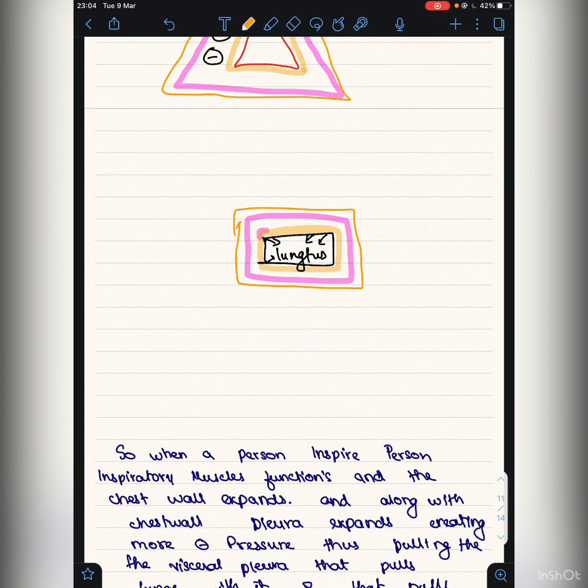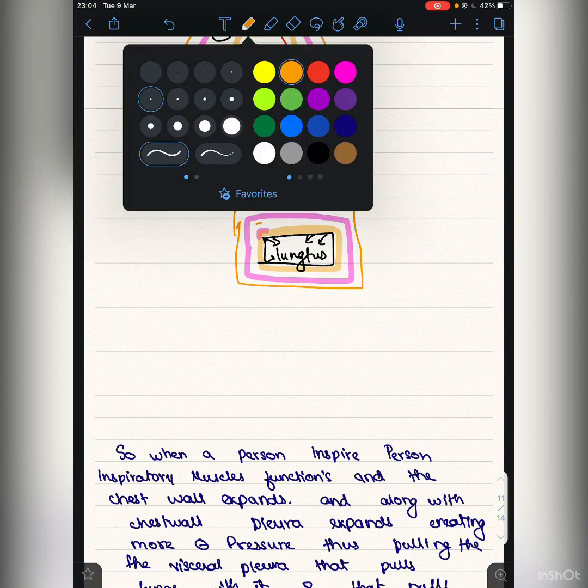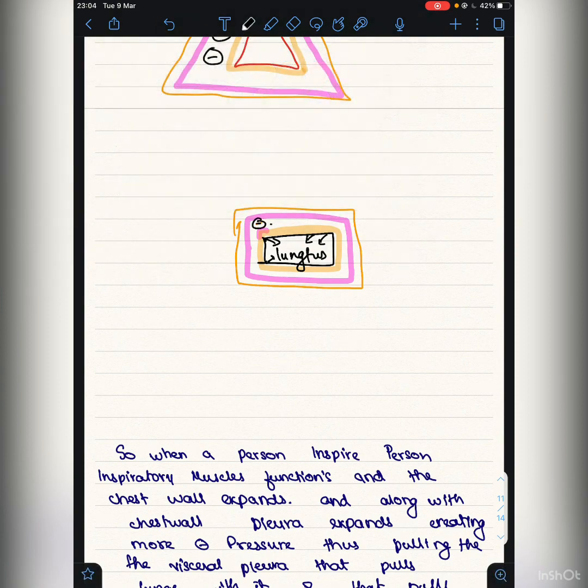And because of the negative pressure which is created, both of the pleura are stuck so strongly that it doesn't allow the visceral pleura to get smaller. And as the visceral pleura doesn't get small, it doesn't allow the lungs to get that small.